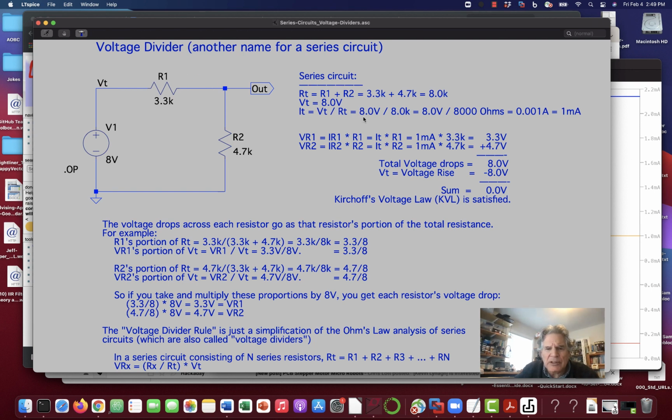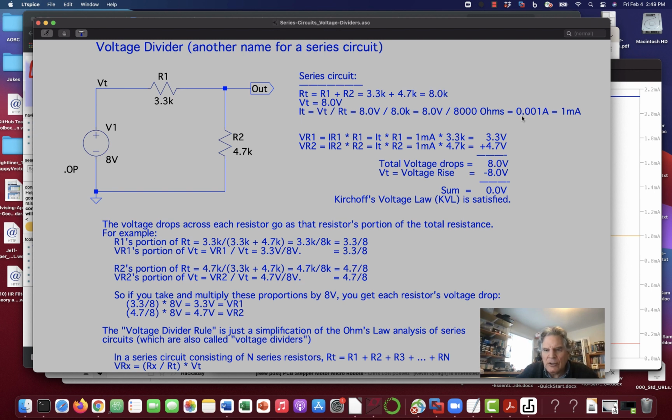And that's going to be from our Ohm's law triangle. Remember, V is on top and I and R are on the bottom. So if I put my finger over I, I get V over R, and I get that I total equals 8 volts divided by 8K ohms, which is essentially 8 volts divided by 8,000 ohms.